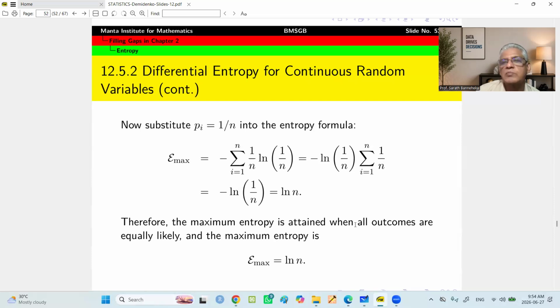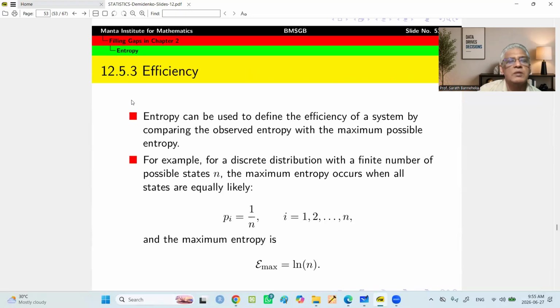All the categories have the same equal probability. In that case, it's very difficult. That is where the maximum randomness, maximum entropy occurs. So entropy can be used to define the efficiency of a system by comparing the observed entropy with the maximum possible entropy.